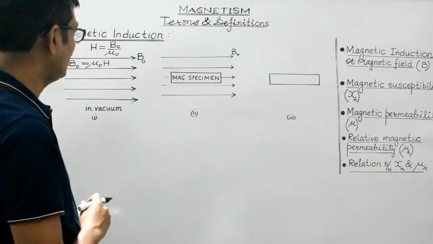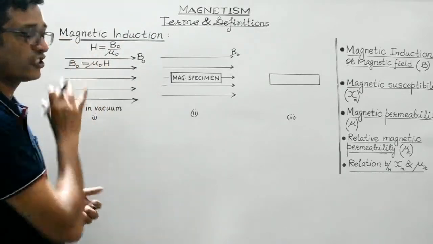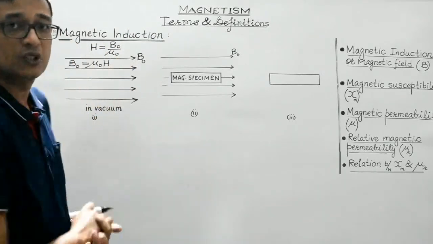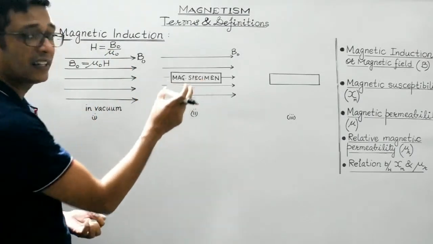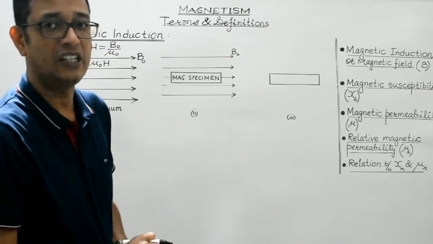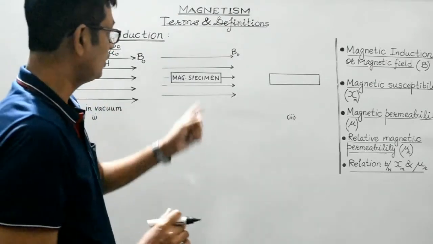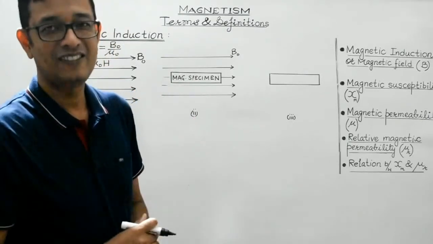Right? Now suppose in this vacuum where magnetic intensity H is there and magnetic field B naught is present, this is the external magnetic field. Suppose a magnetic specimen is placed under the influence of this external field. This being a magnetic specimen, it will definitely get magnetized.